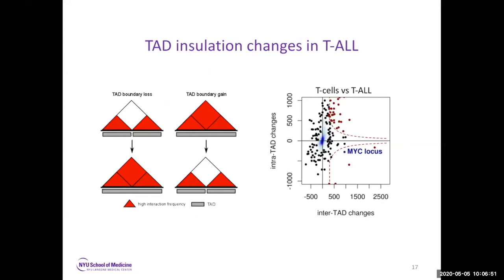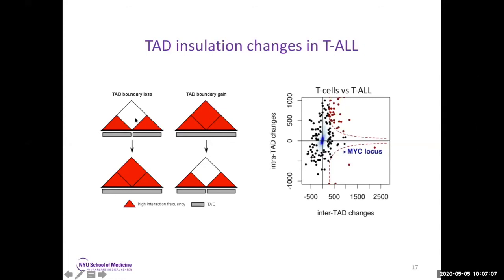What I kind of wanted to focus on today is these differences in TAD insulation and the changes that we've actually seen in T-cell leukemia, and start with this idea that we had some of these examples.